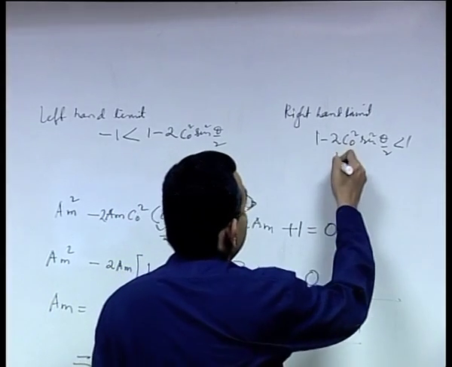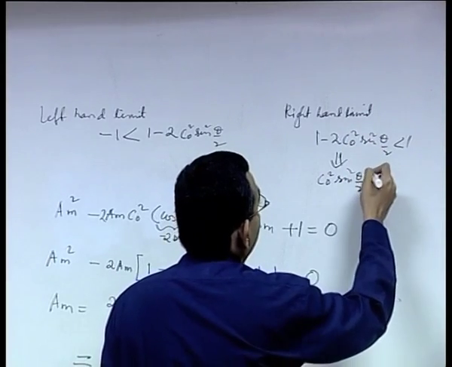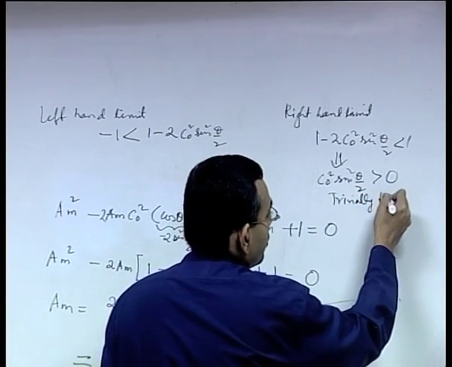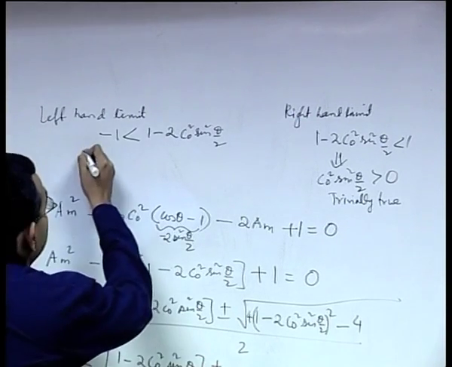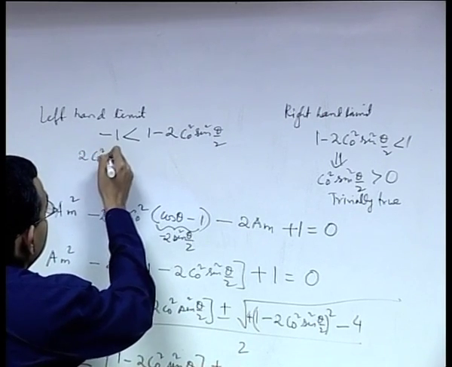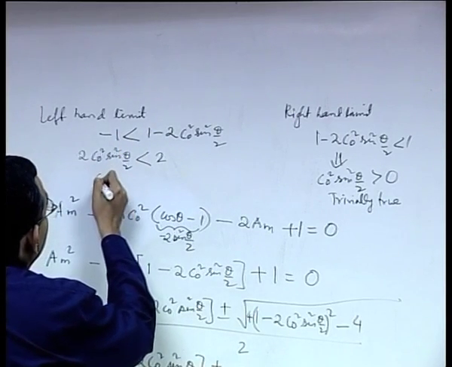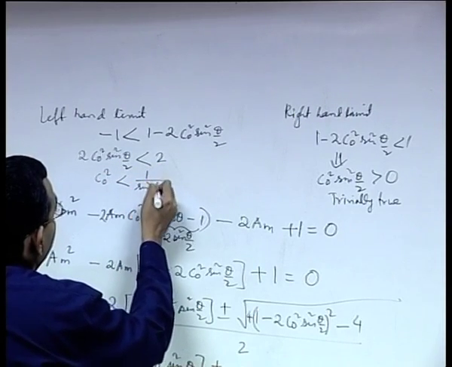So, the right hand limit gives c naught square sin square theta by 2 greater than 0, which is trivially true, because c naught square is greater than 0 and sin square theta by 2 is also greater than 0. So, the left hand limit needs to be examined more carefully. The left hand limit says 2 c naught square sin square theta by 2 less than 2. So, c naught square less than 1 by sin square theta by 2.